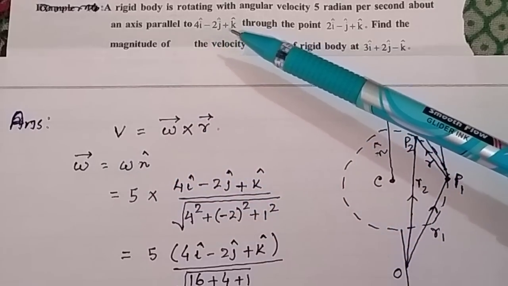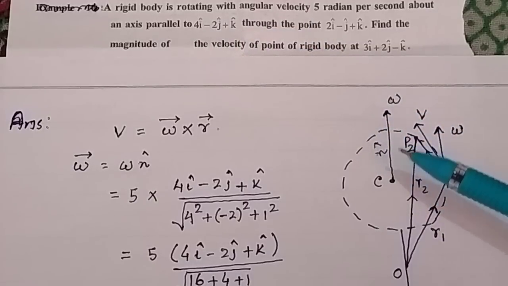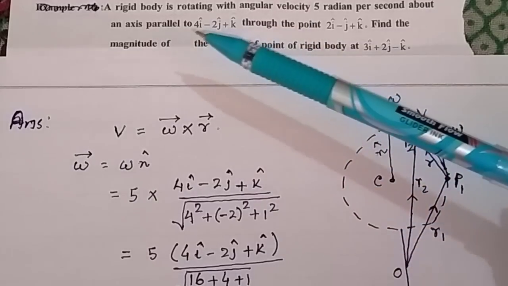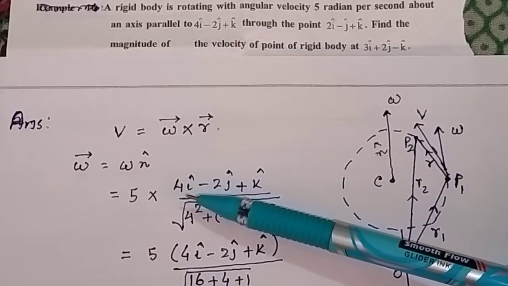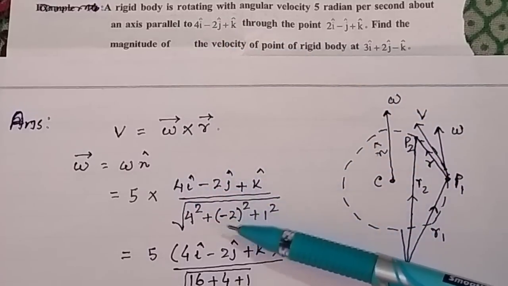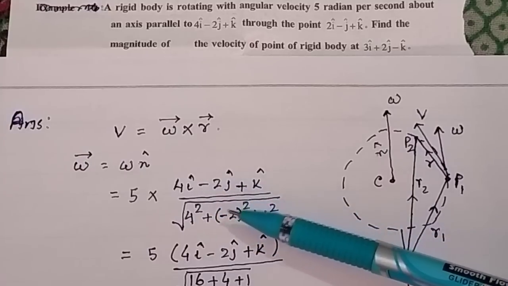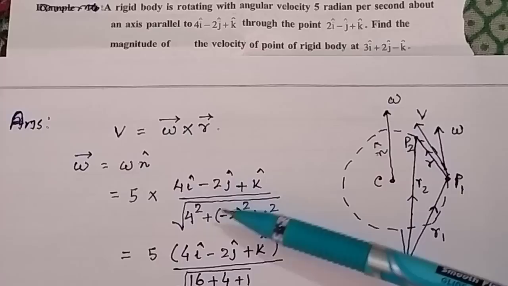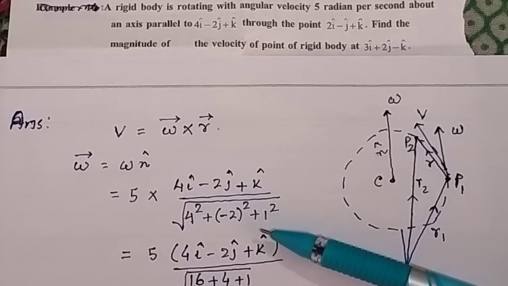This vector is parallel to the angular velocity vector. So for the unit vector, you can find out like this: the vector divided by its magnitude, that means 4i cap minus 2j cap plus k cap, divided by the magnitude of this vector, square root of 4 square plus minus 2 square plus 1 square.